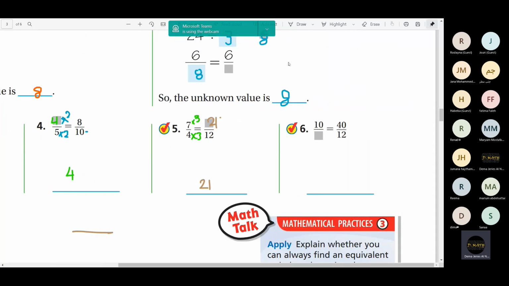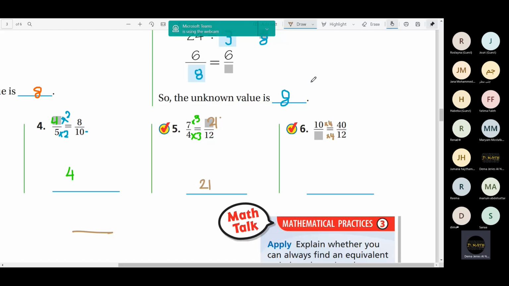Number 6 now. Teacher, Sana, can I try to answer because I didn't really understand? Okay, Sana. Number 6. So 10, how do you make it 40? Multiply by 4. Bravo. And down you multiply it by what? So we will multiply 12 by 4.